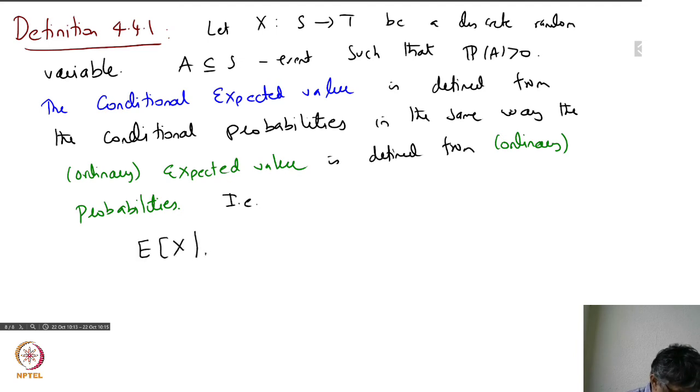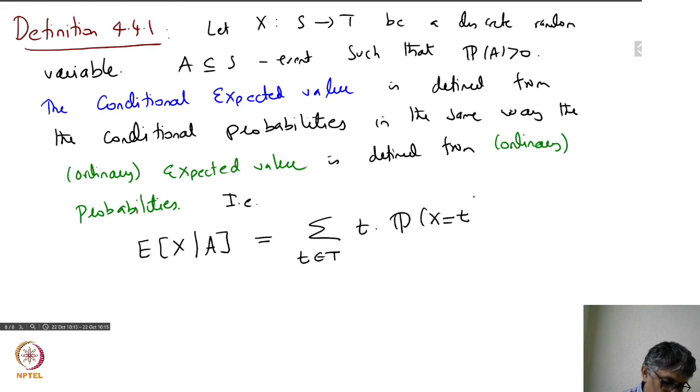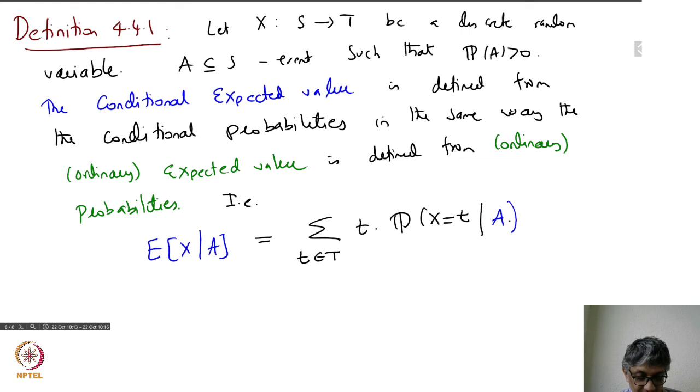The conditional expectation of X given the event A is defined as the sum over t in the range T, of t multiplied by, and before you would put just the probability X equal to t, that's the ordinary probability, but now you would put the conditional probability. So the conditional expectation of X given the event A is conditioned on the event that A happened. You replace it by the conditional probabilities, not the original probability.